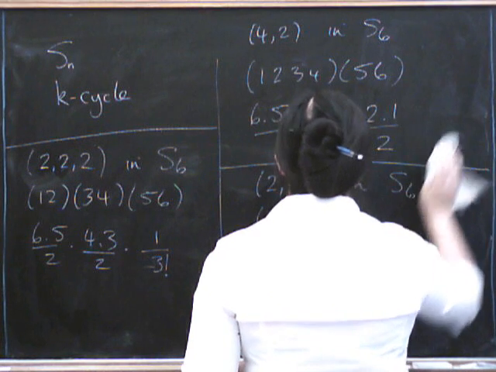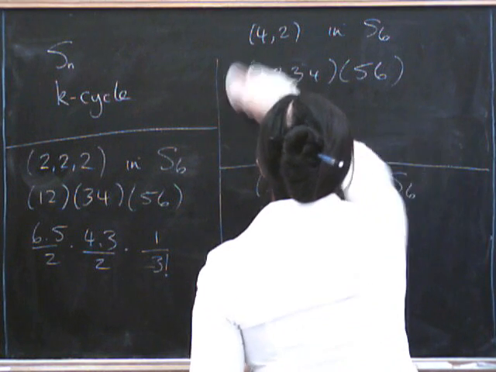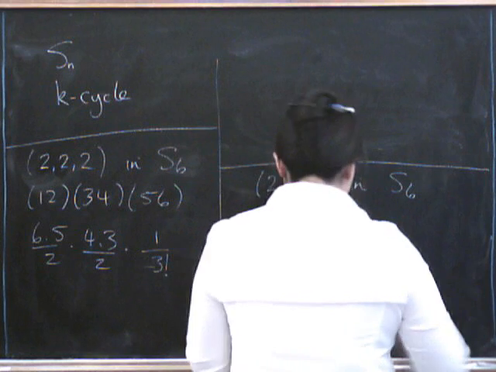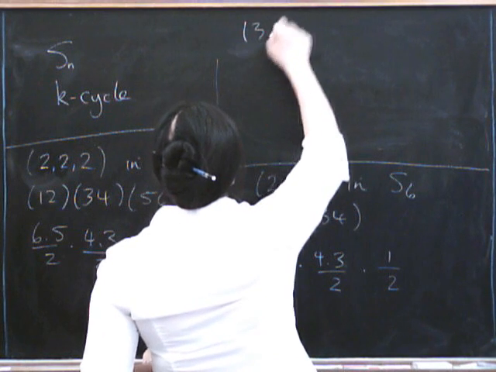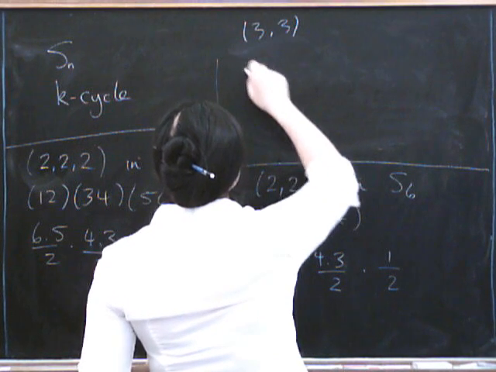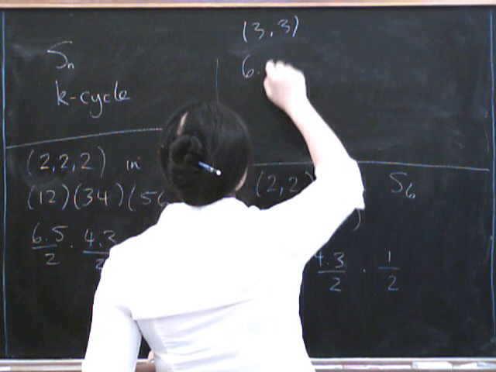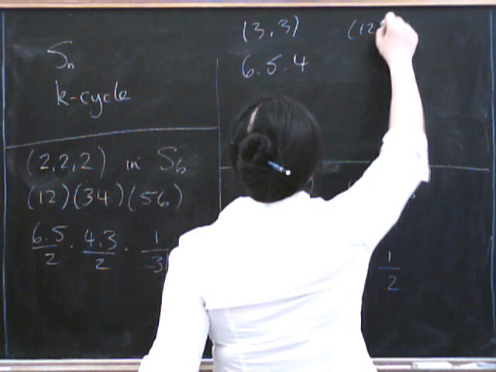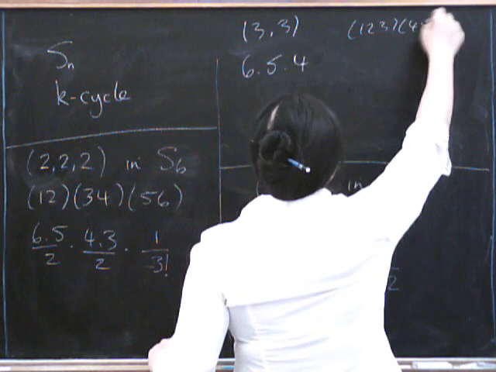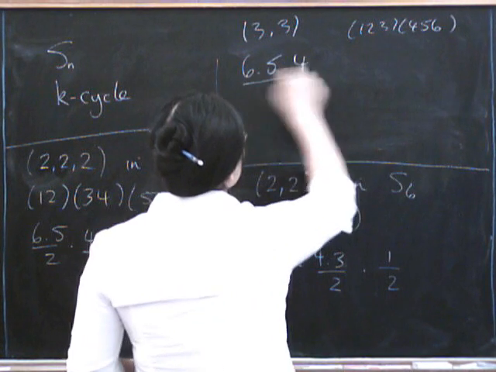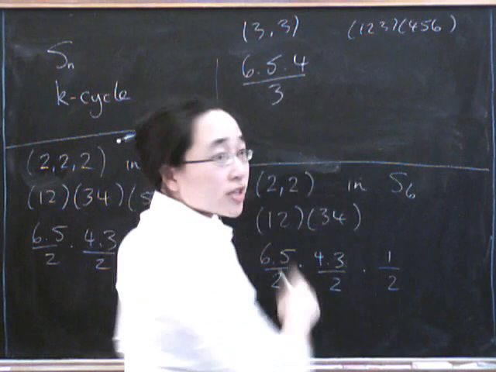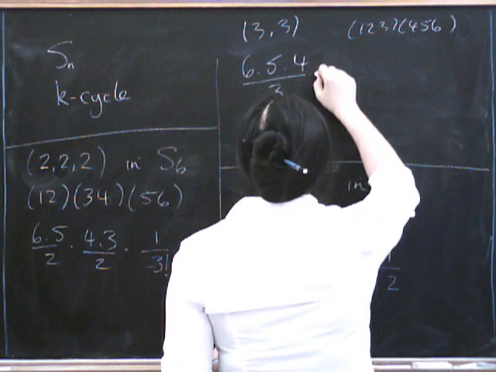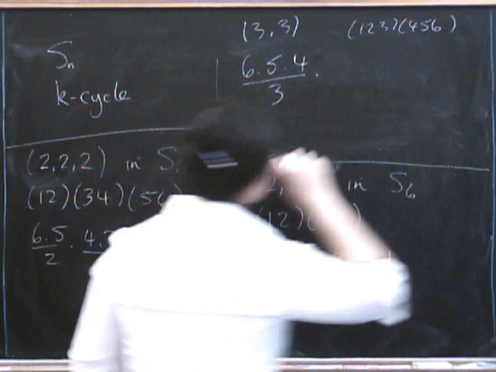So if we did 3, 3, then what we've got is a choice of 6 and then a choice of 5 and then a choice of 4 for the first 3-cycle. So this is something of the form (1 2 3)(4 5 6). But I've overcounted by a factor of 3 because it's a 3-cycle. So now, for the last 3 numbers, there are 2 ways you can do this.